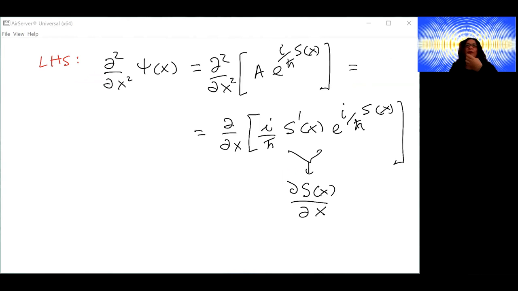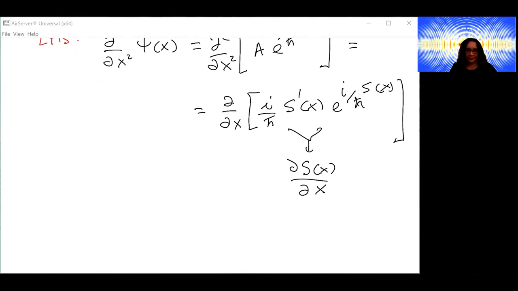And we're going to apply the derivation once more. If we differentiate once more, you find this is a derivative of a product, right? So you first apply the derivative on this factor and leave the other alone, and then you differentiate the other factor and leave this one alone.